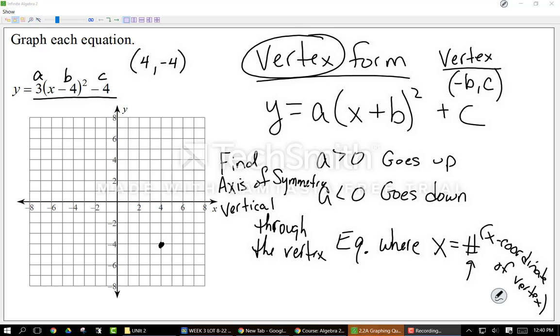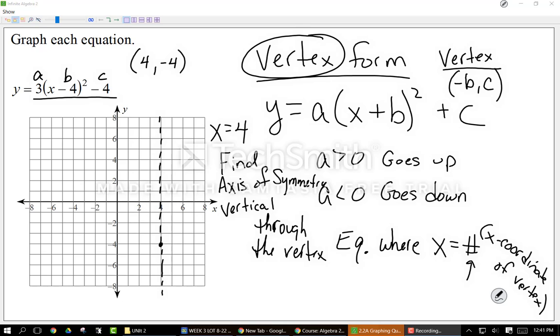So our axis of symmetry in this particular equation is x equals 4. That's our equation of the axis of symmetry. Now, what we usually do with the axis of symmetry is I go and find x equals 4, and I dot my line that goes through my vertex. That helps me, as the person doing it, saying that everything to the right of this line that I graph will reflect over to this side. Okay, that's how it's going to work.